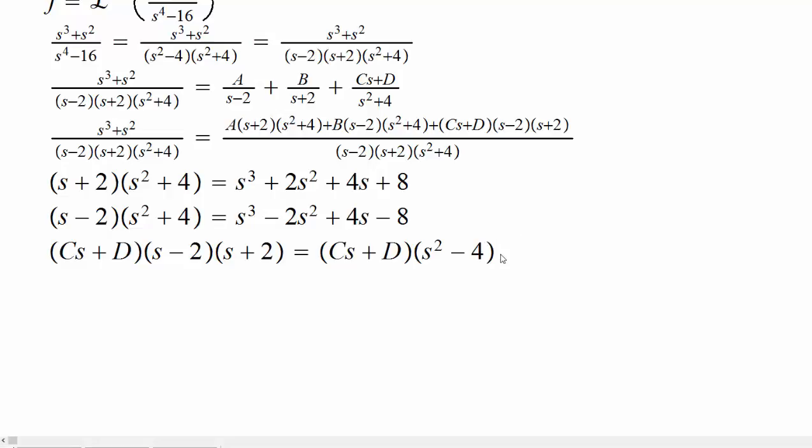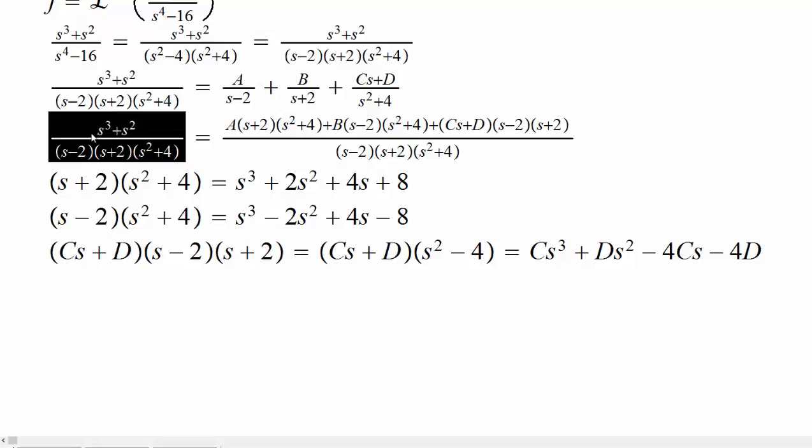So that will be Cs cubed, then plus Ds squared. I'm still simply FOILing. This all comes down to the same thing. Okay, so we got that.